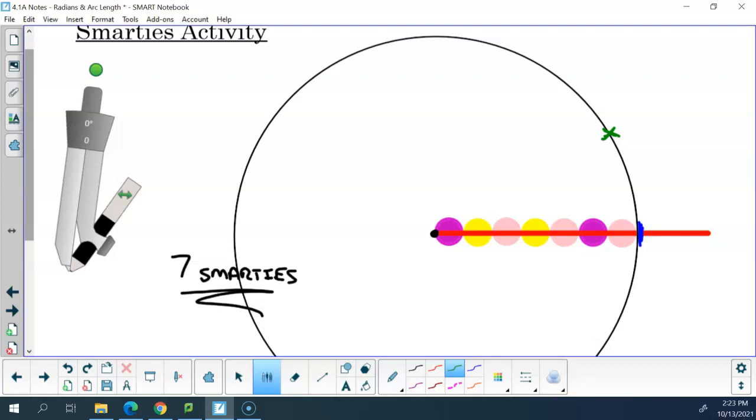Okay? Now, with your 7 Smarties, starting at your X, I'd like you to break your circle up into groups of 7 Smarties. So what I mean by that is, I want you to take those 7 Smarties, starting at your X on the circle, and go all the way along your circle.